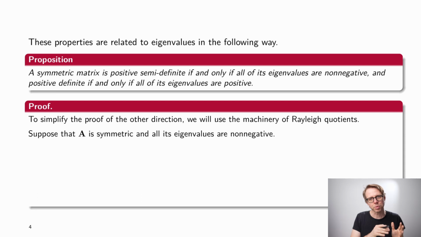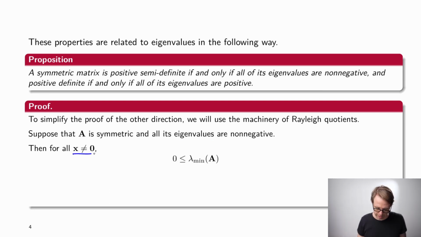In order to prove the second direction, we will use the Rayleigh quotients that we introduced in the last lecture. So if A is symmetric and all of its eigenvalues are non-negative, remember this is the assumption in the other direction, we have to prove that it follows that A is positive semi-definite.